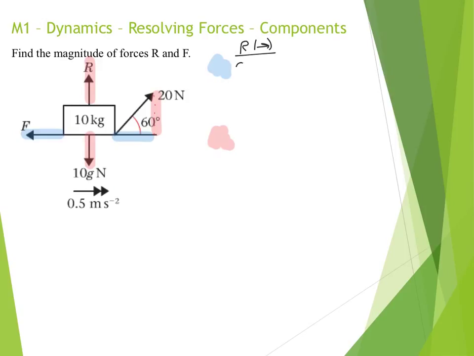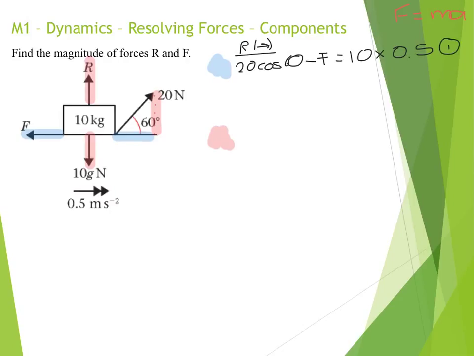So I've got 20 cos 60, because it's my adjacent side, and in the opposite direction I've got F. That's equal to the mass, because we are still using F equals ma. So my mass of 10 times the acceleration in that direction, which is 0.5. That's going to be my equation 1.